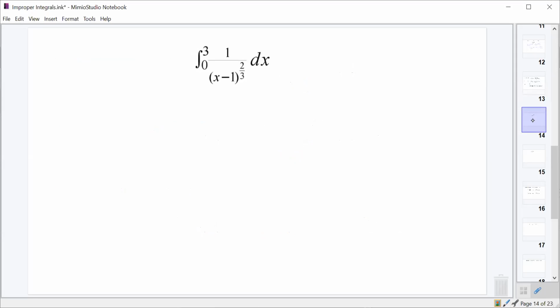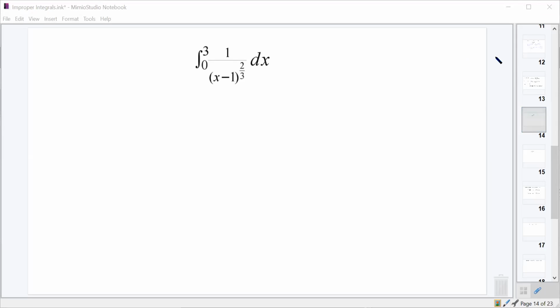So let's do this one. Which of those 3 cases does this one fall under? Our vertical asymptote is at x equals 1, good.